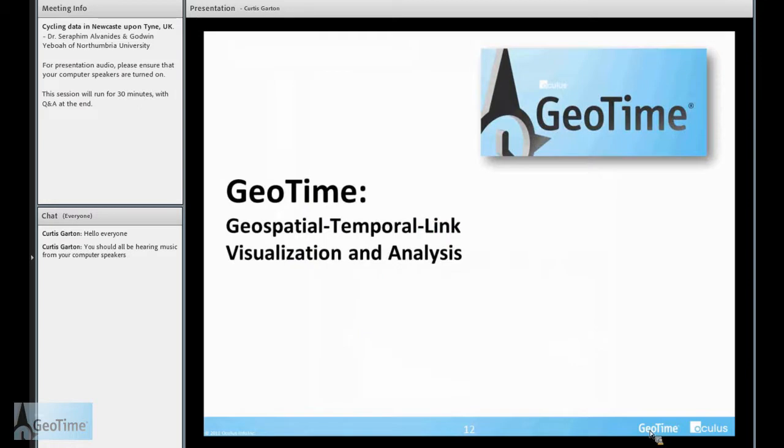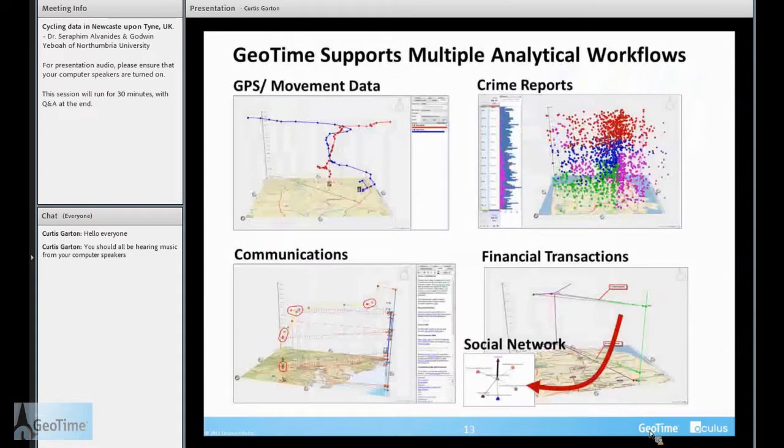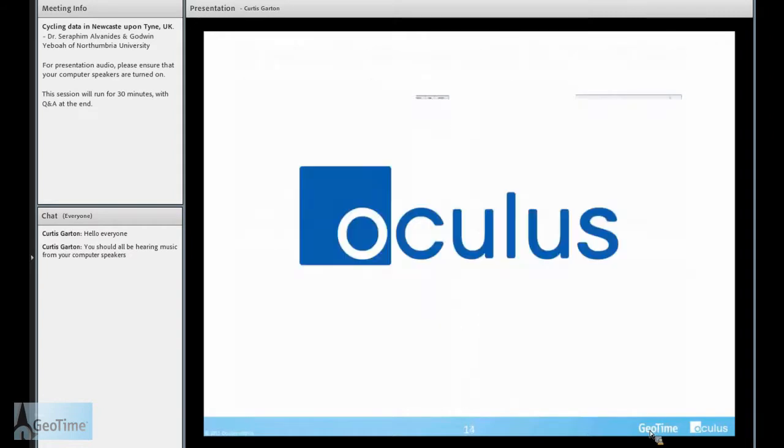We've incorporated that into a product called GeoTime, which aids in looking at movement, temporal, and link analysis. Some of the different areas that GeoTime has been used includes GPS and movement data, crime report analysis, communications analysis, as well as financial and social network analysis. That's a little bit of an overview on GeoTime.